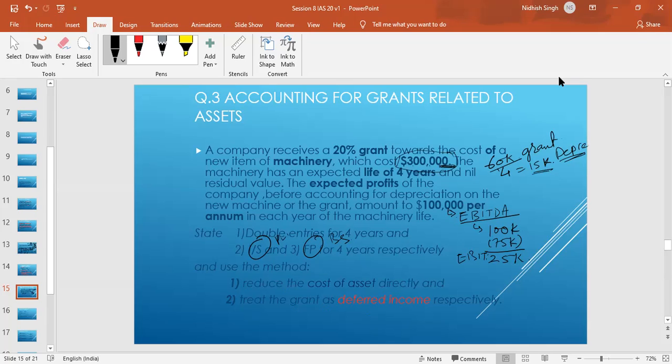Because the grant is, remember, your income, isn't it? Grant is not depreciation. Grant is your income. You agree? So we cannot mix the government grant and support with the depreciation. We cannot net off, because that's another sin in the world of IFRS. We should never net off two numbers. We should always show them separately.